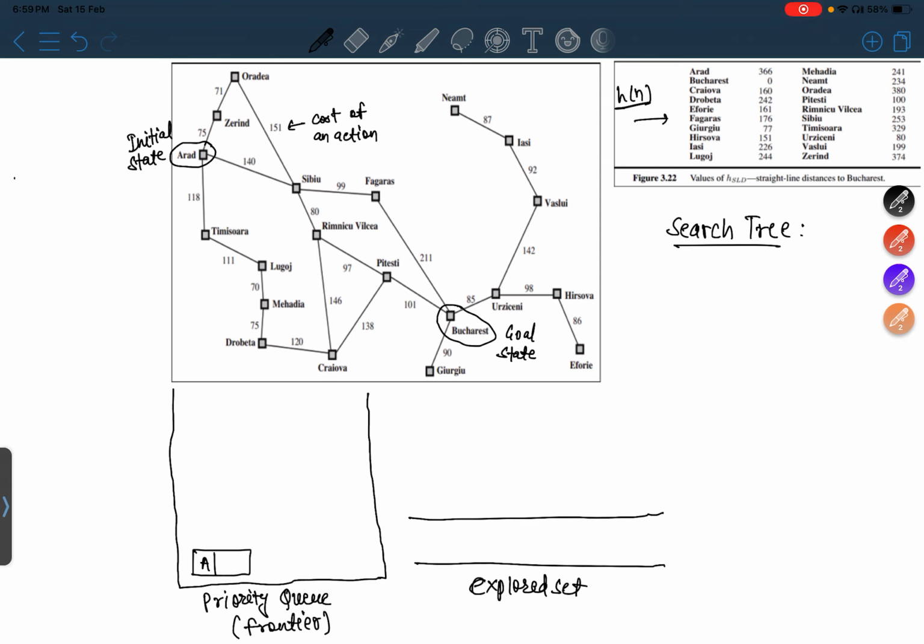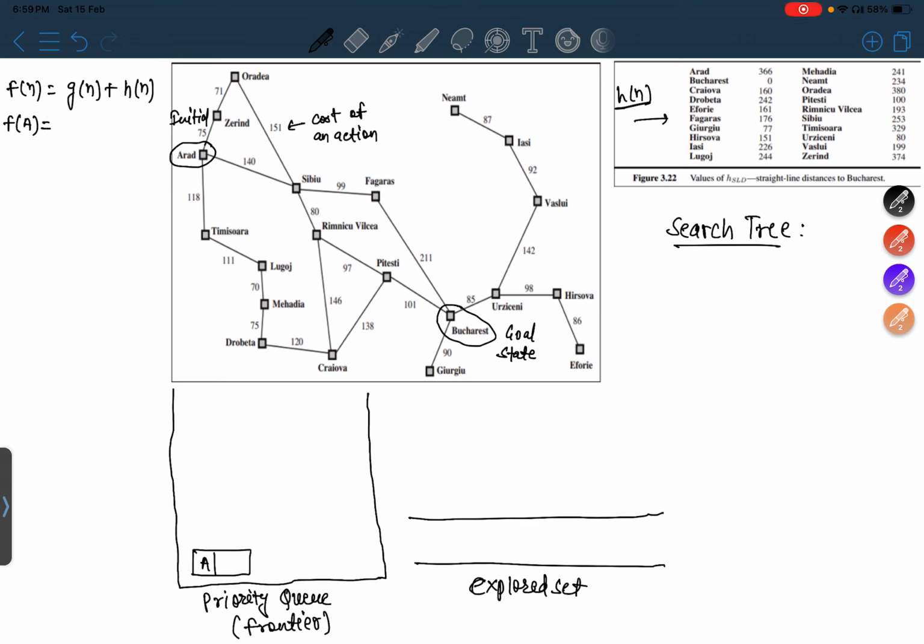Now our fn, so this is the initial state. Our fn is gn plus hn. For any node, I'll keep maintaining these values of gn plus hn so that we can keep track of this. So what will f of A be?